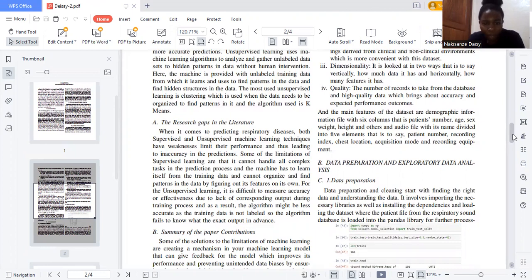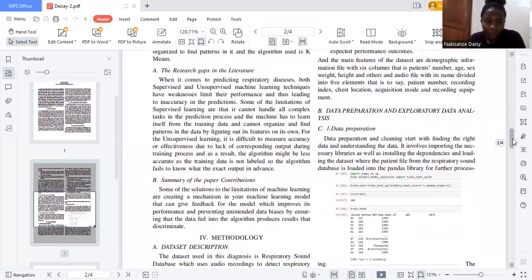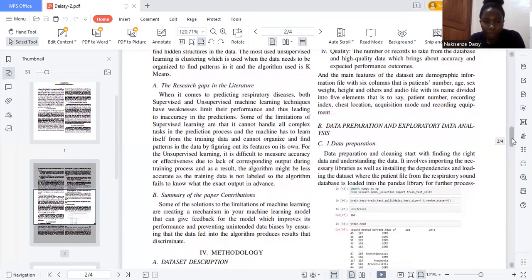For unsupervised learning, it is difficult to measure accuracy or effectiveness due to the lack of corresponding output during the training process. As a result, the algorithm might be less accurate, as the training data is not labeled, so the algorithm fails to know what the exact output is. I also gave some of the solutions to the problems.